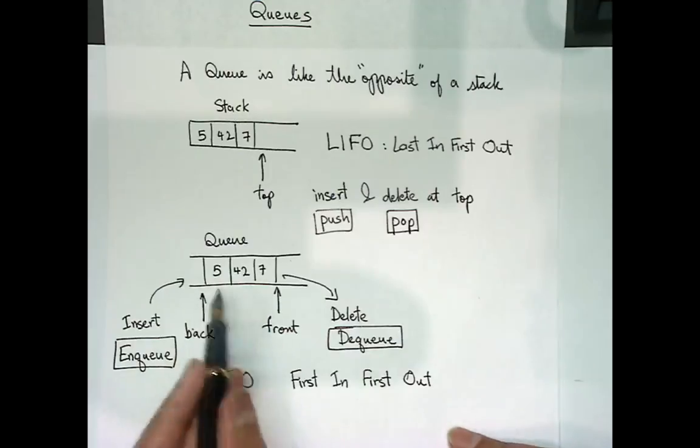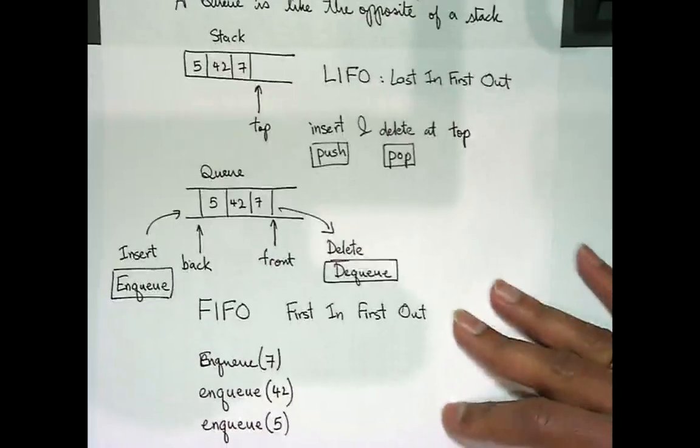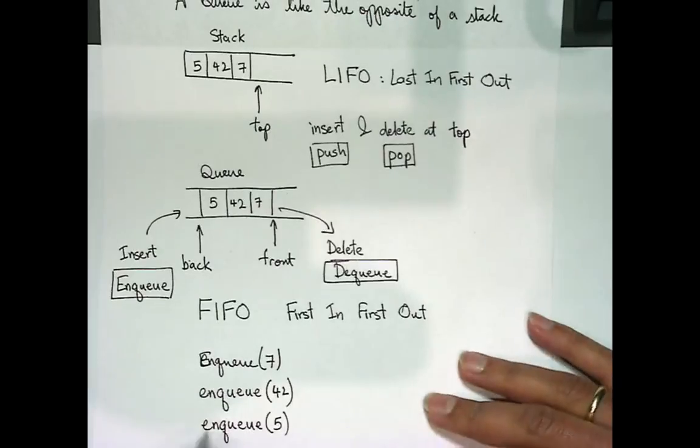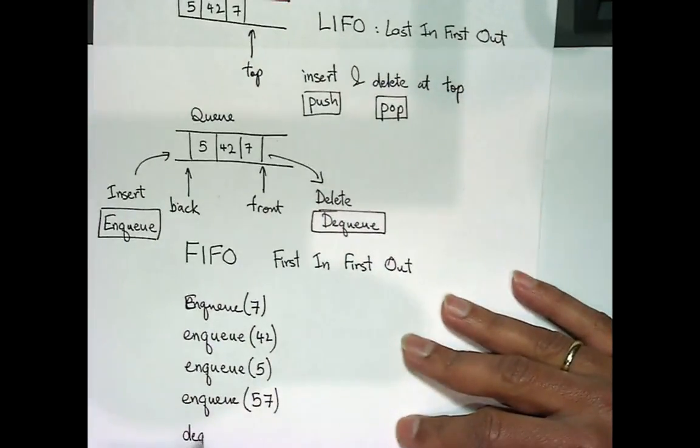So you would get a queue like this, where you could say NQ 7, NQ 42, NQ 5, NQ 57, and then I would do DQ.